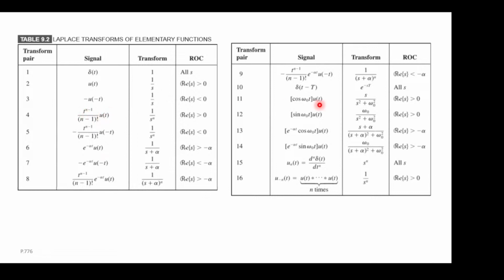Okay, and I don't think we covered the sine and the cosine here. Oh, yeah. So sine and cosine should be okay. Sorry. Sine and cosine you can just write back as complex exponentials and use those 1 over s plus a forms to derive them. But here you can see they have some nice form.